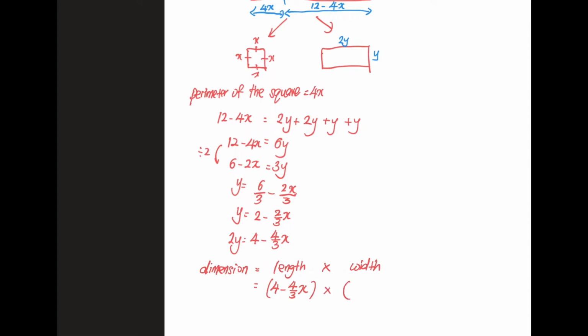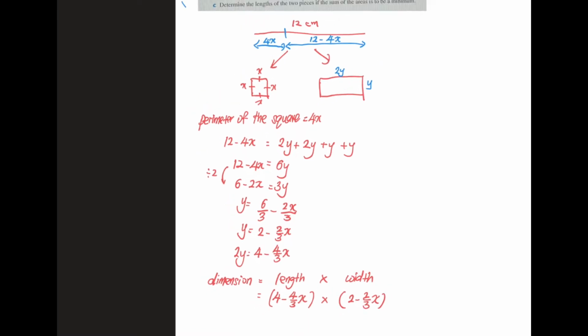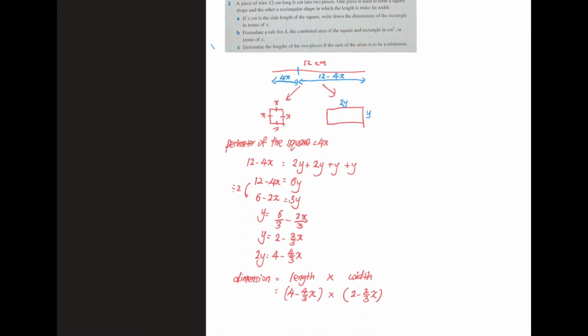And then my width is 2 minus 2 over 3 x. Okay, so that is my dimension. And this is the answer for part A. So 2A we have done. Now let's see B then.